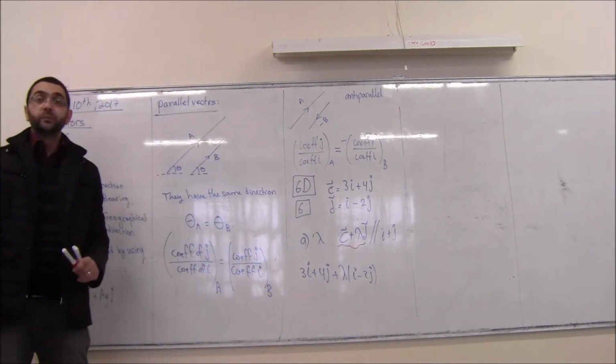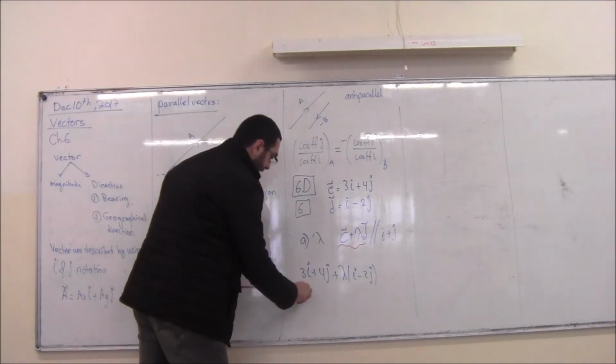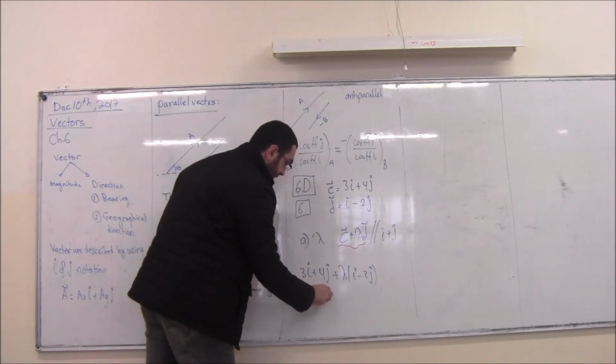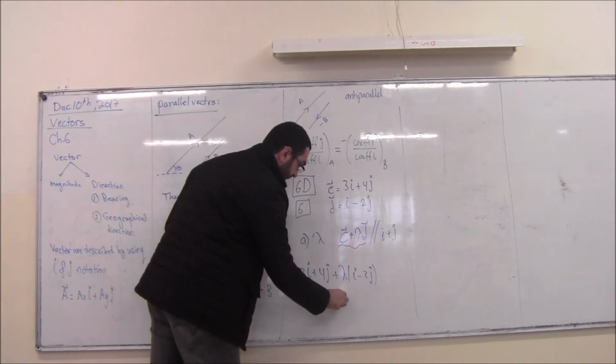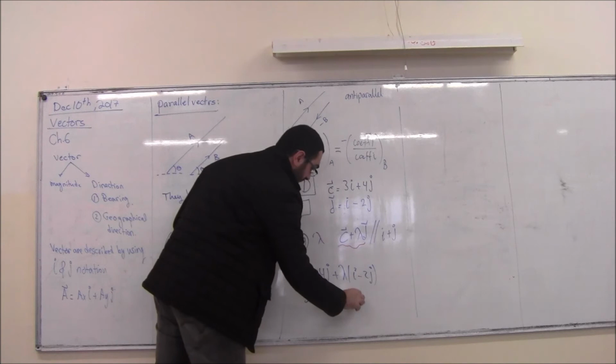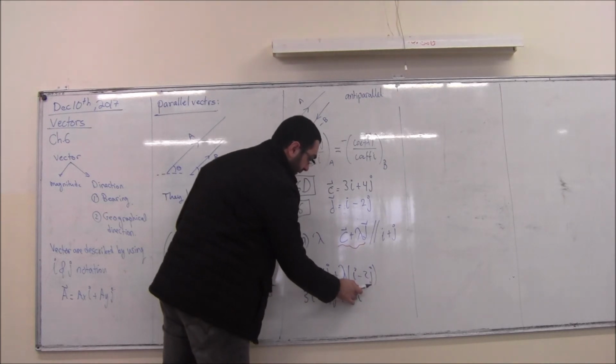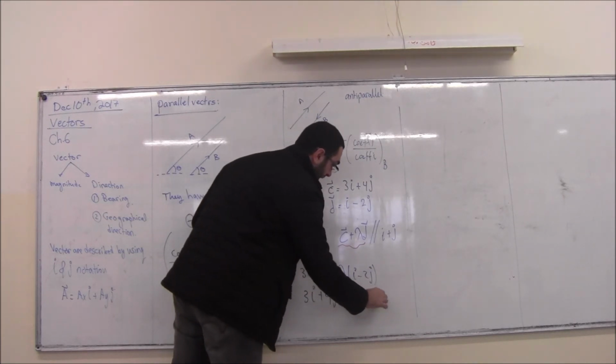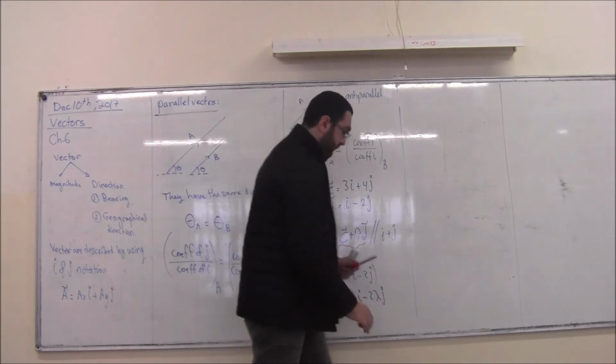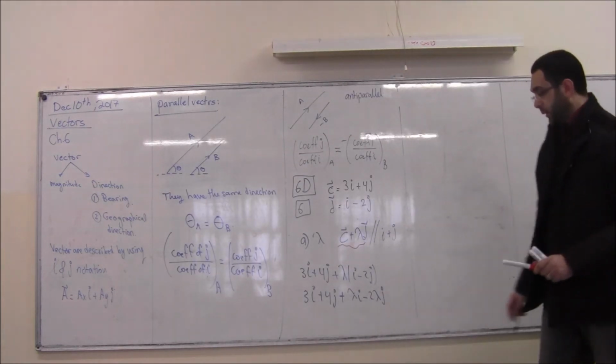Be careful here please. Now 3i plus 4j plus lambda i minus 2 lambda j. Why did we multiply by lambda? We will see now.